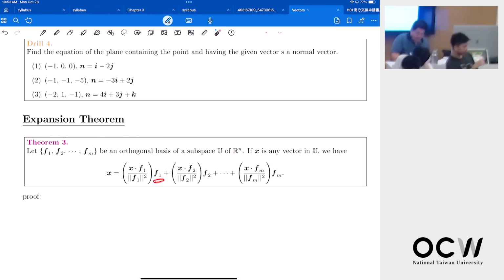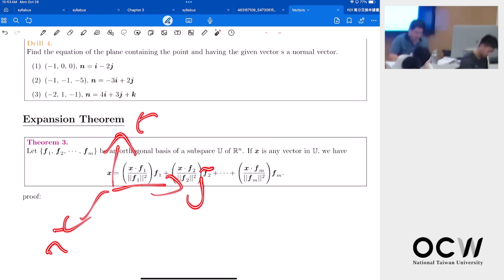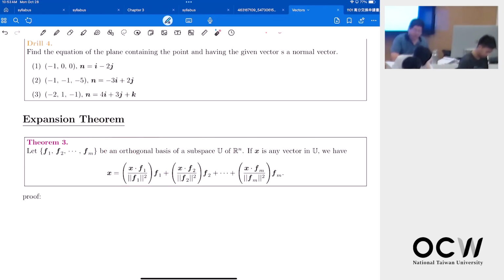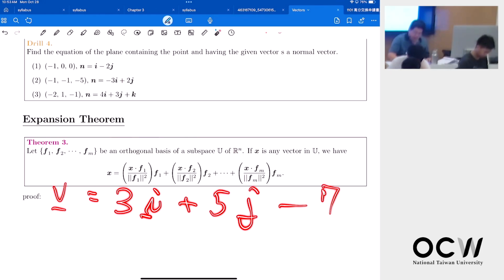So x can be expressed by the orthogonal basis. This is the vector, a linear combination of these vectors, and this is the magnitude or constant. For example, in x, y, z, we can say that vector v is 3i plus 5j minus 7k.